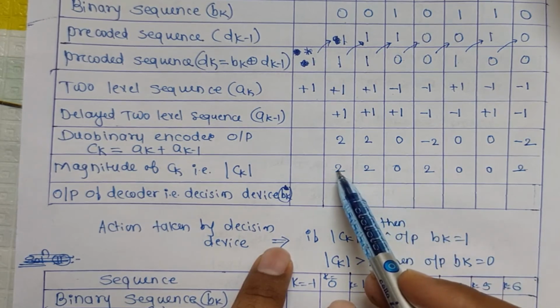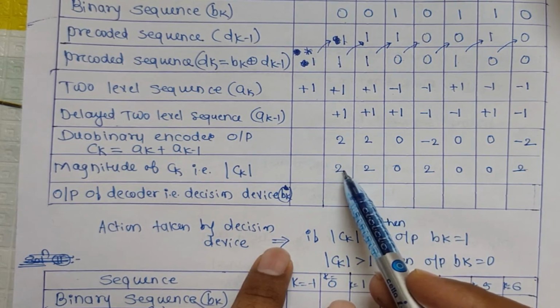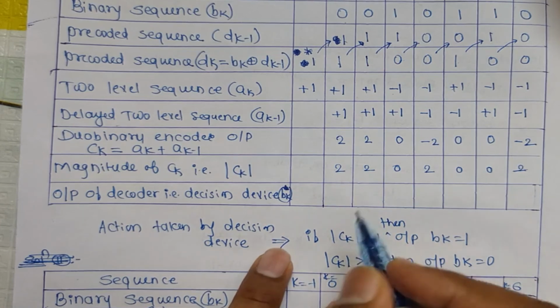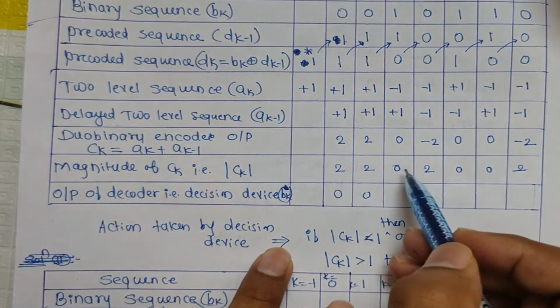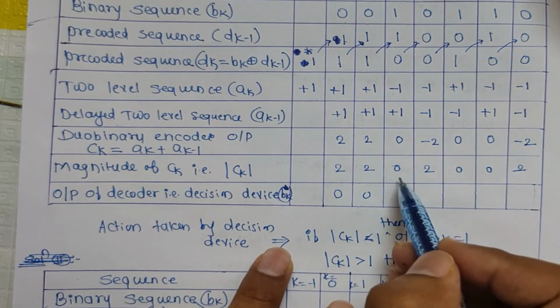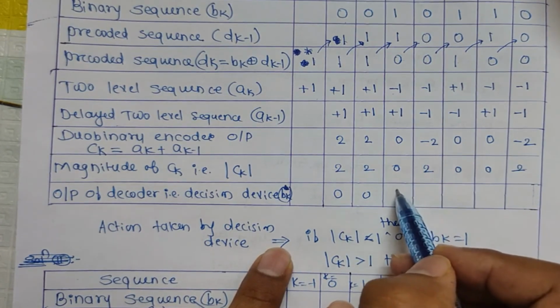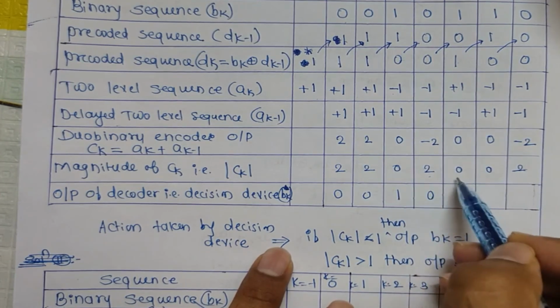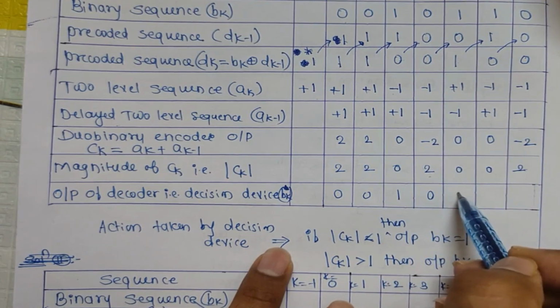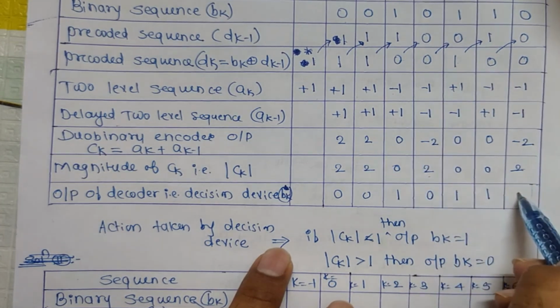Since this mod of c_k is greater than 1, the output is 0. Greater than 1 means 0, greater than 1 means 0, less than 1 means 1. This is less than 1, so it is 1. Greater than 1, that is 2 here, so 0. This is less than 1, so 1, 1, and this is 0.